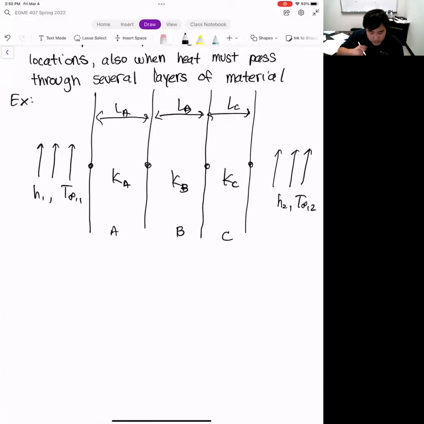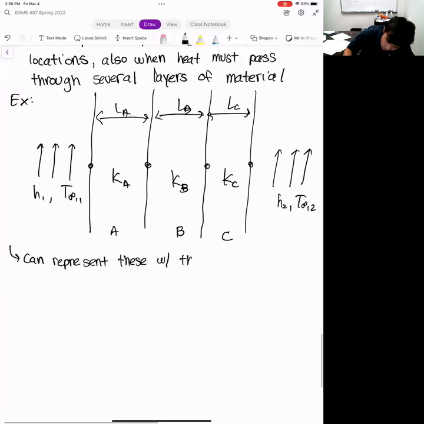But what we can do instead is that because these are kind of distinct layers of material, we can represent them with thermal resistances.